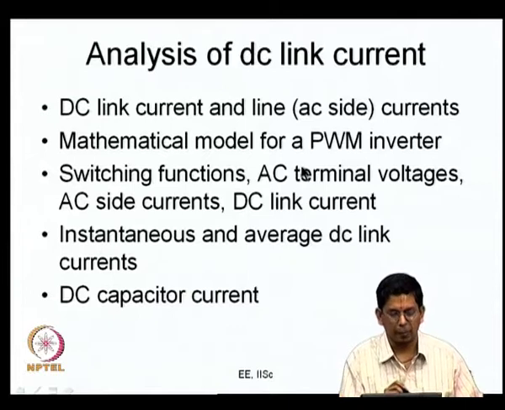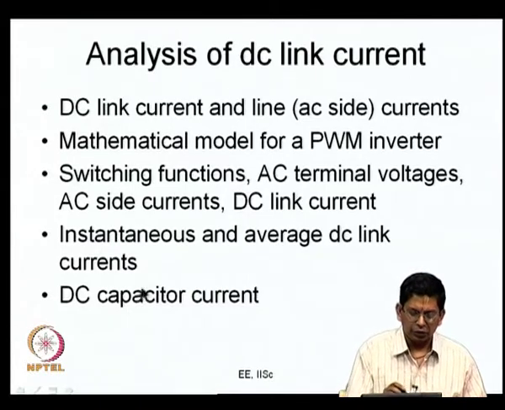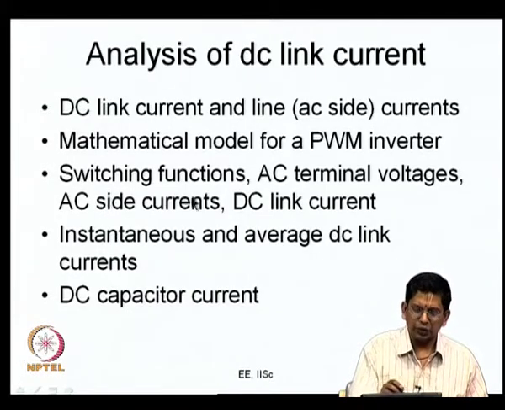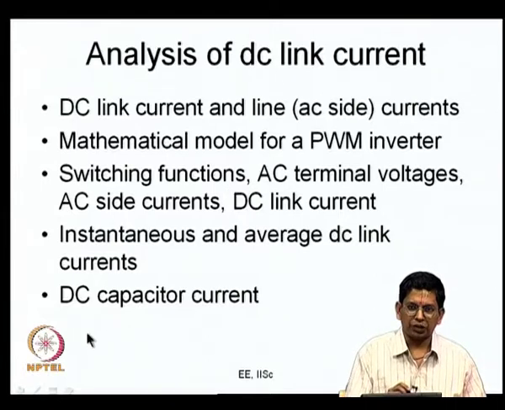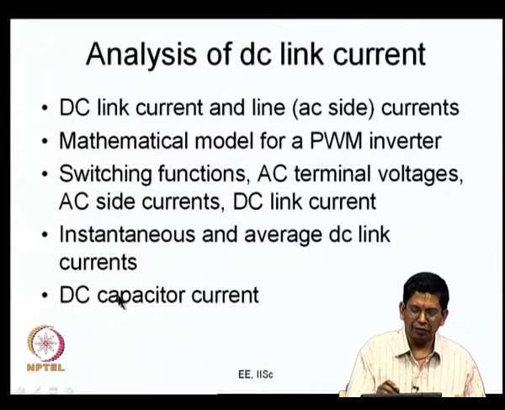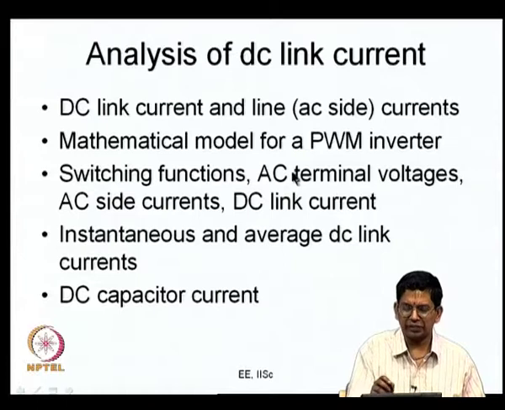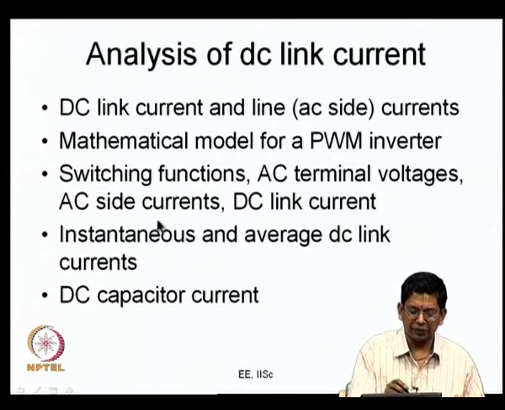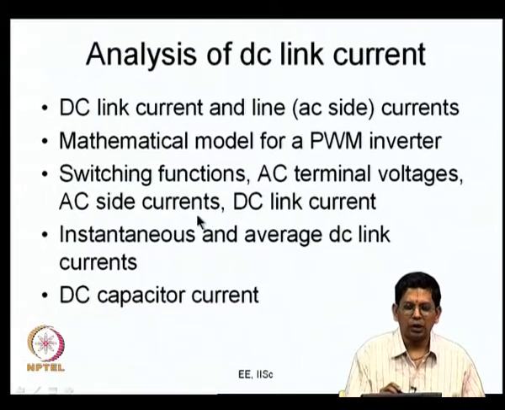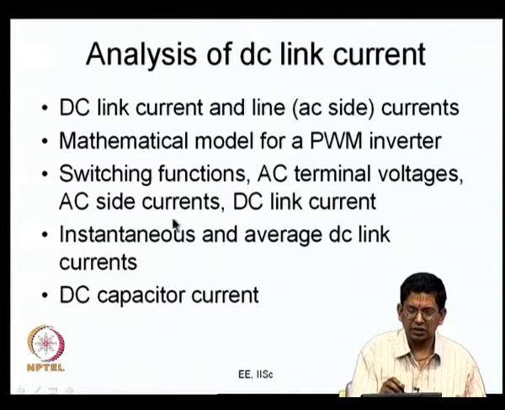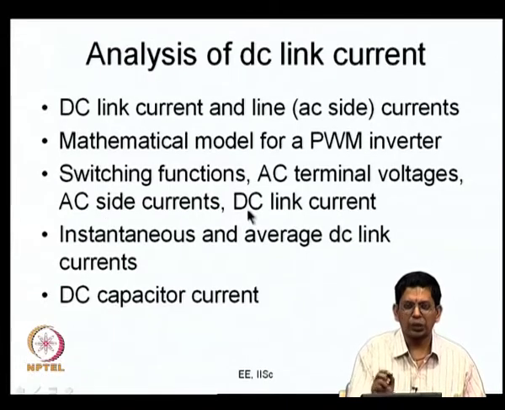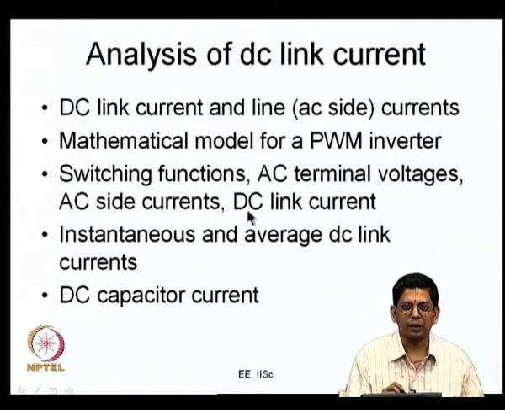We will define switching functions for the 3 phases, relate the DC voltage, switching functions and the AC terminal voltages, and then look at the relationship between AC terminal voltage and AC side currents. Essentially these are related in terms of the load. Then, with the AC side currents and the switching functions, we will see how to derive the DC link current.